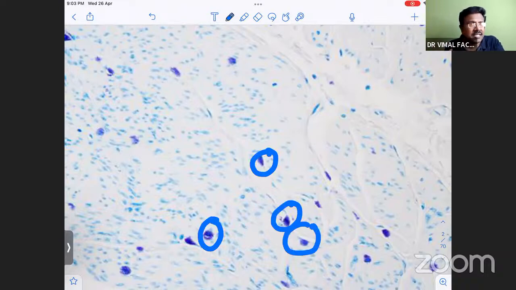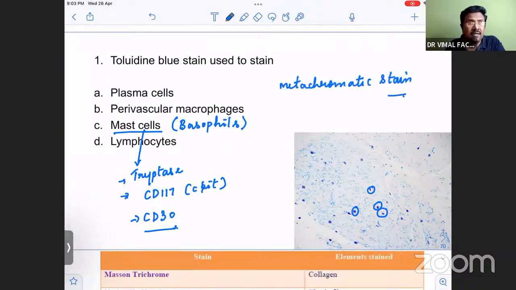So mast cells are stained purple and the background appears blue. This property is called metachromatic staining. And also you will know that mast cells are involved in type 1 hypersensitivity reactions. So these are all the MCQs which can be asked around mast cells.